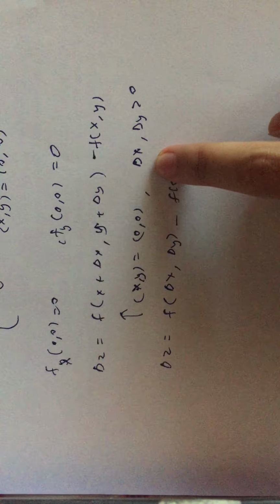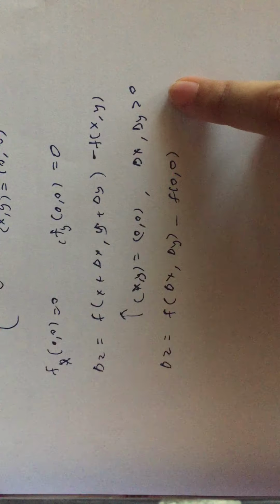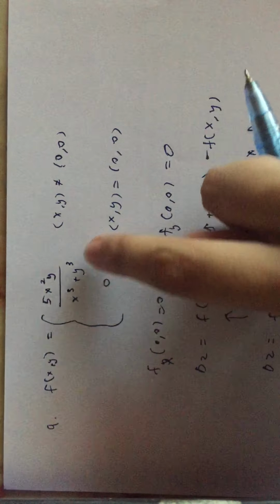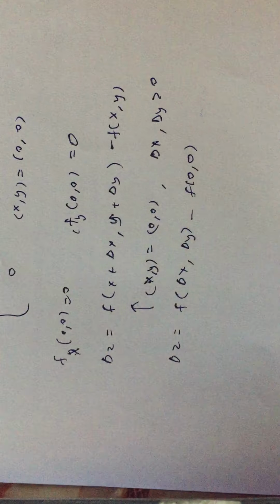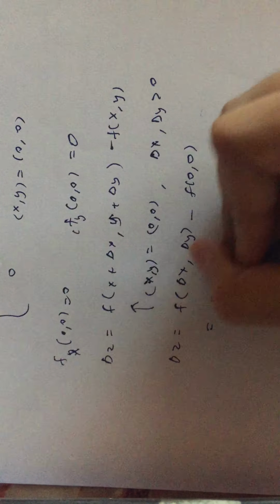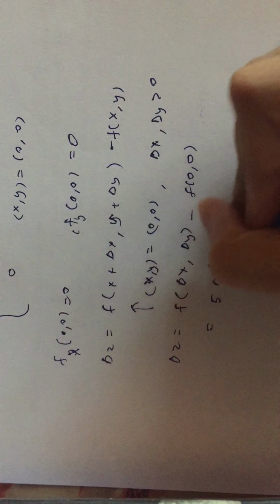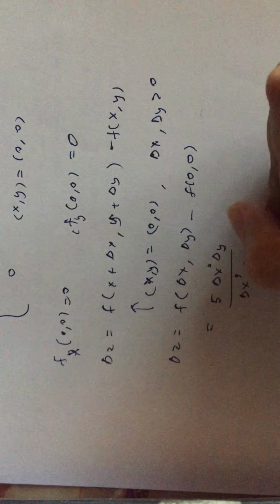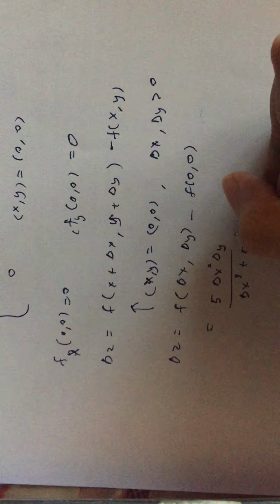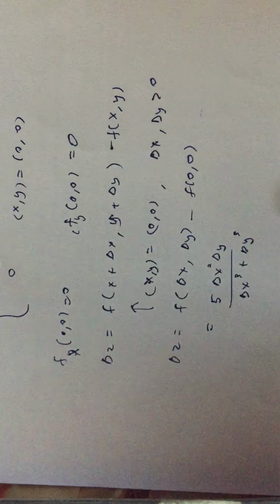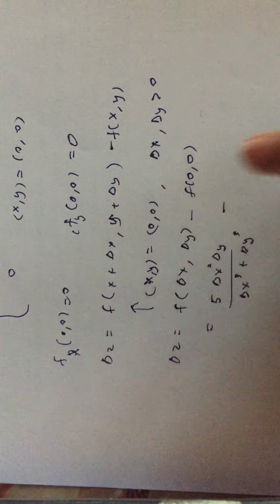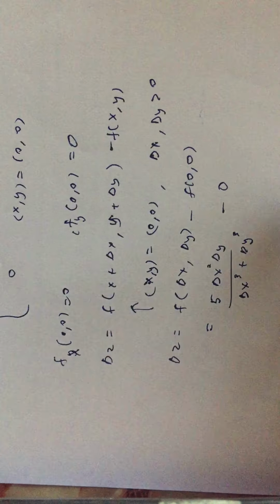And then sebabkan delta x, delta y is positive, which is actually function yang atas ni, so that means we have 5 delta x squared delta y over delta x cubed plus delta y cubed, and then minus, and then at 0, 0, then the function is actually 0. We take yang bawah punya.